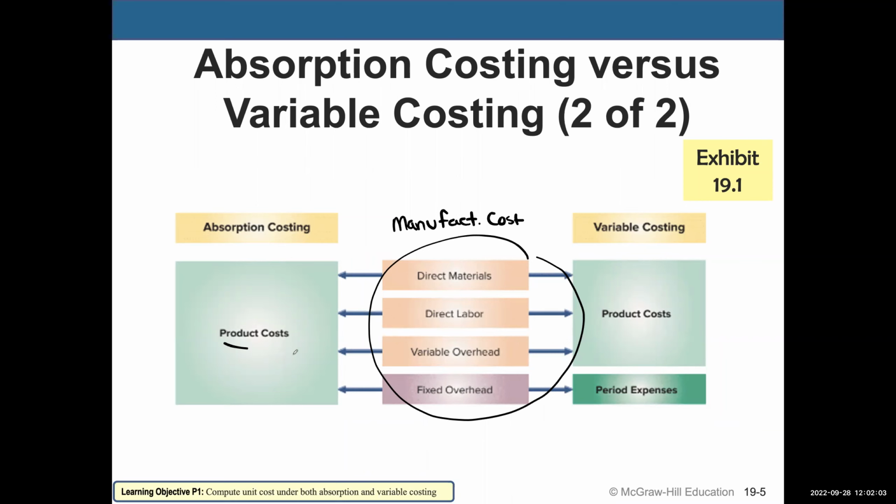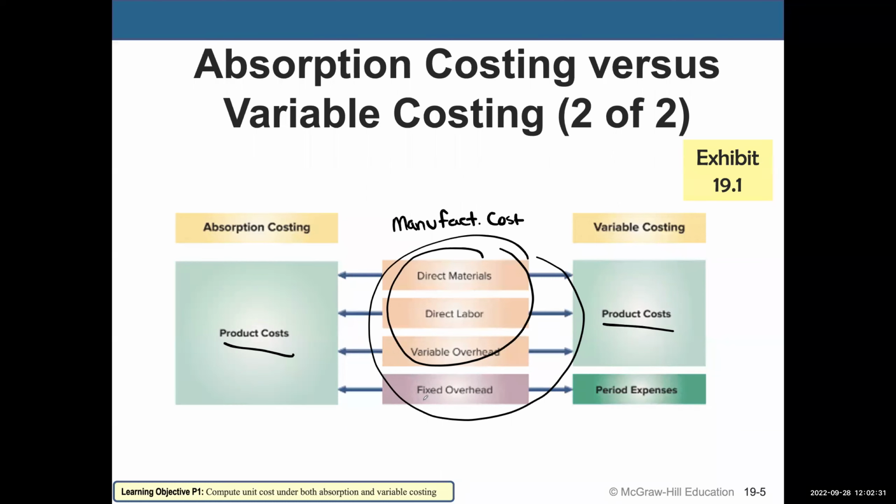All of them are product cost under absorption costing. However, just these three variable items are product costs under variable costing. Okay, maybe I said that backwards. Now that I'm thinking, just now, I said all costs, all manufacturing costs are product costs under absorption costing. I think right there, I might have said the wrong title. If so, I'm sorry. Okay. And then over here with our variable costing, we just have those variable items.